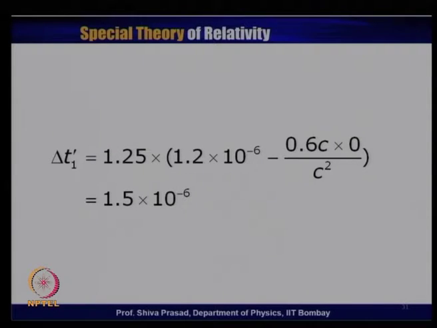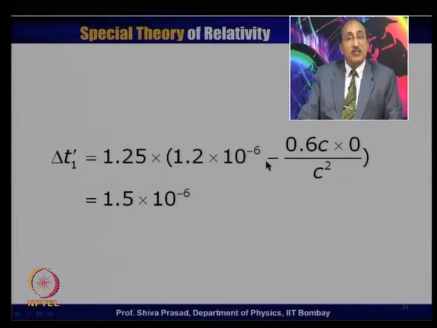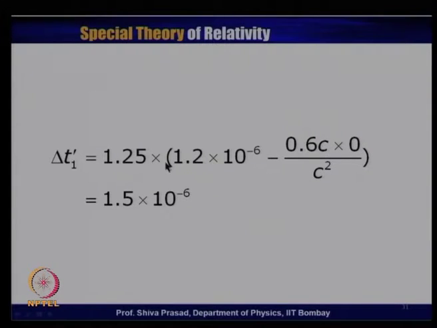I can calculate delta t prime, which is gamma, 1.25, times delta t, which is 1.2 into 10 power minus 6, minus v, which is 0.6 c, into delta x, which happens to be 0, divided by c square. I get delta t prime equal to 1.5 into 10 power minus 6 second.